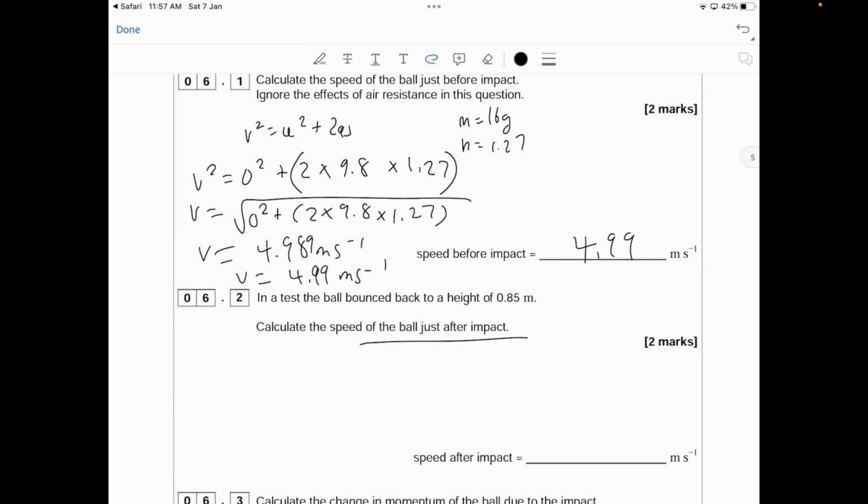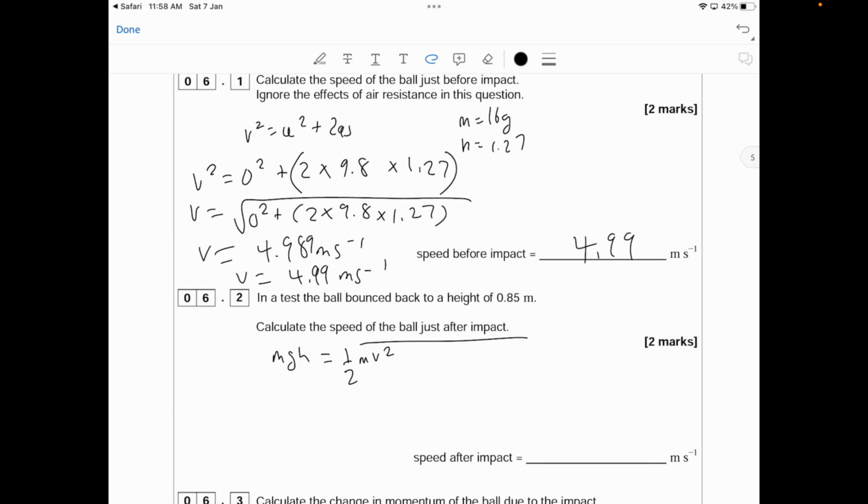So we can look into the idea of combining two formulas together to get the speed after the impact. We know that mgh is equivalent to half mv squared.